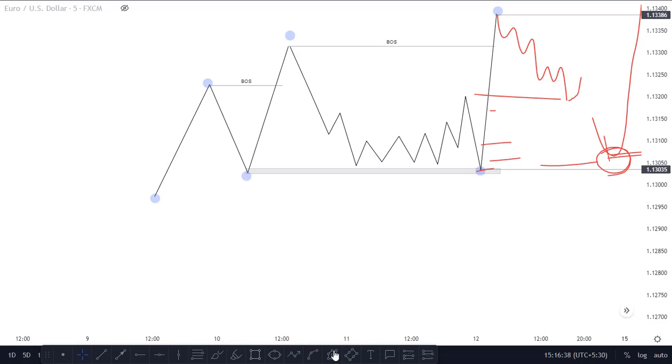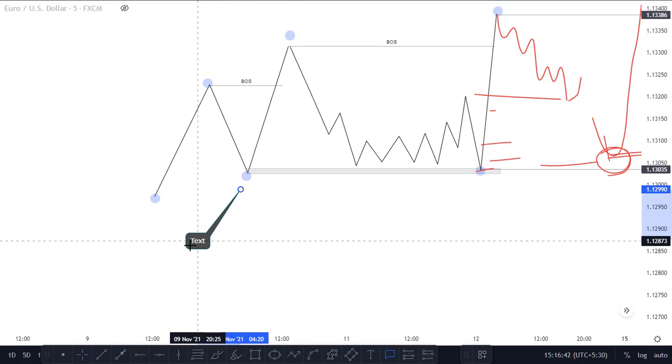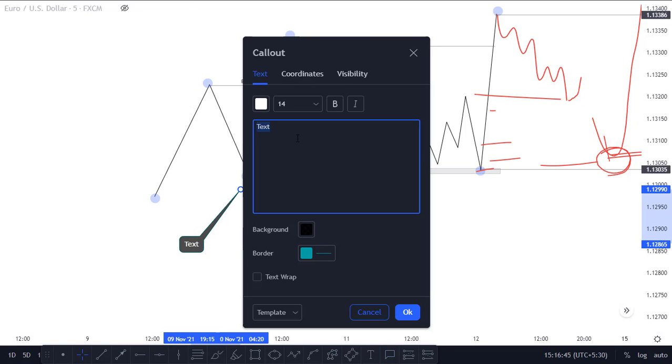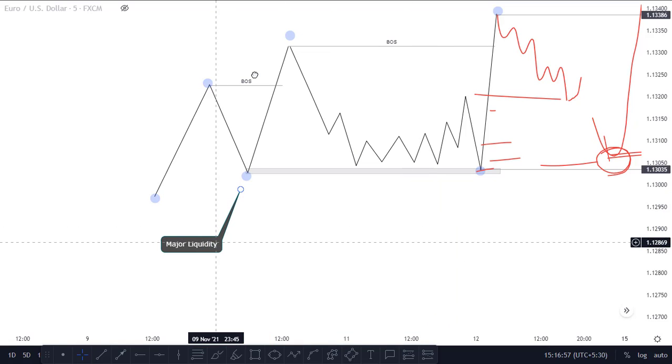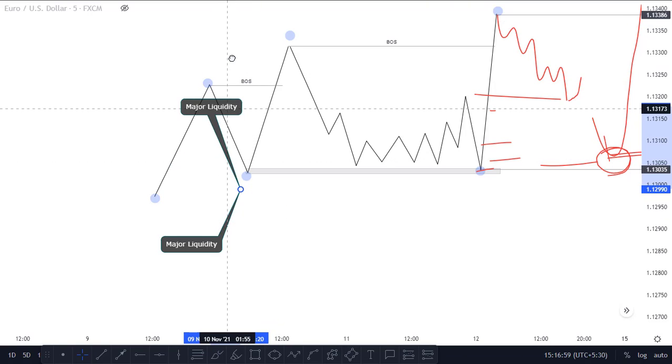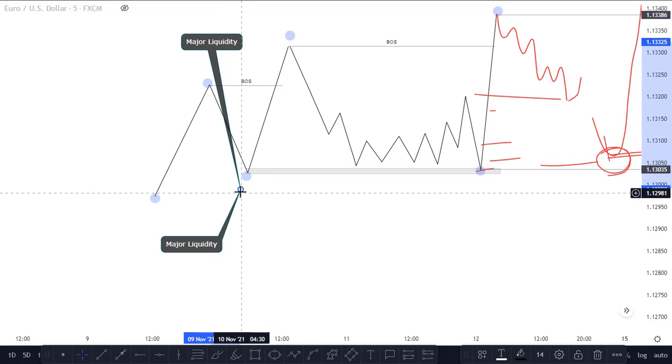After getting a break of structure on this level, we will call this a major liquidity, and this high will become your external liquidity.